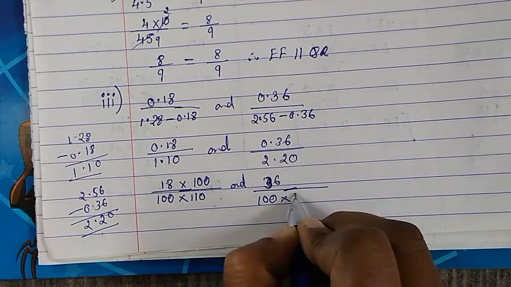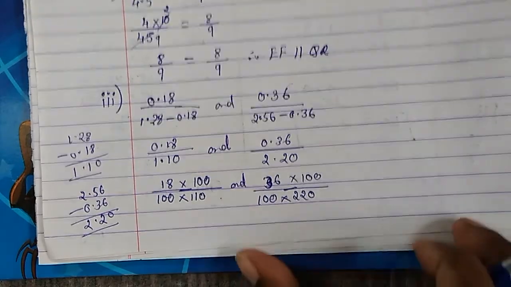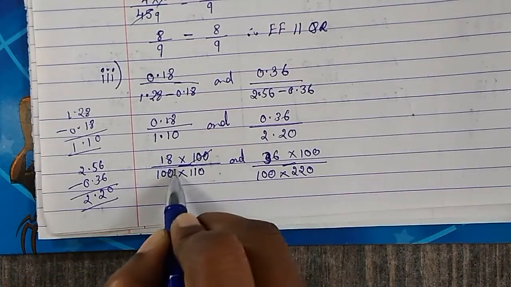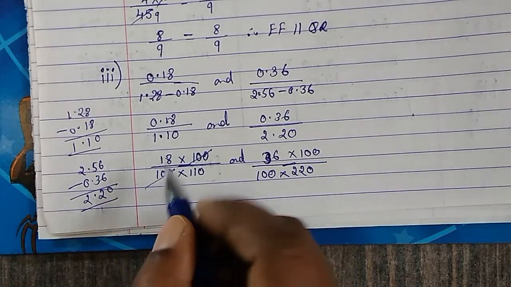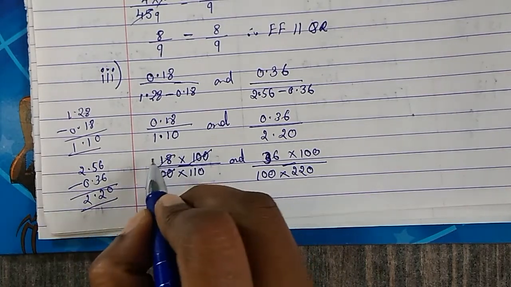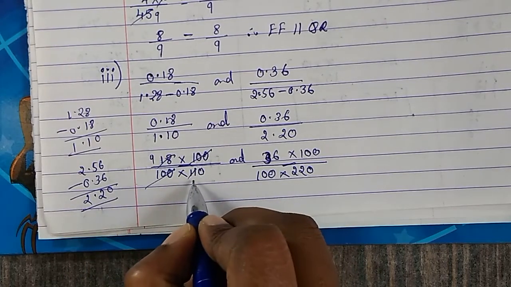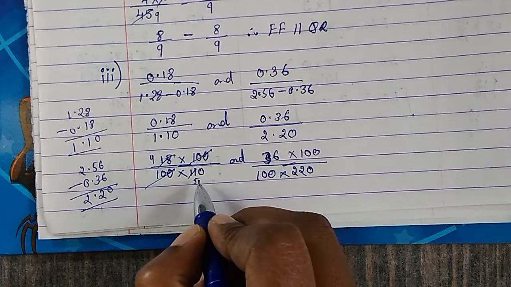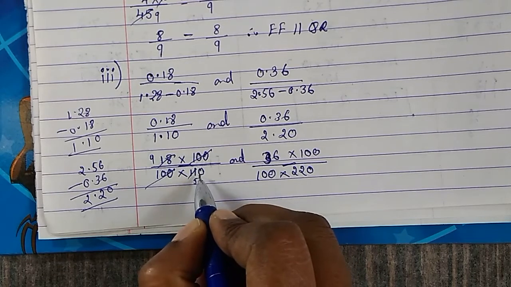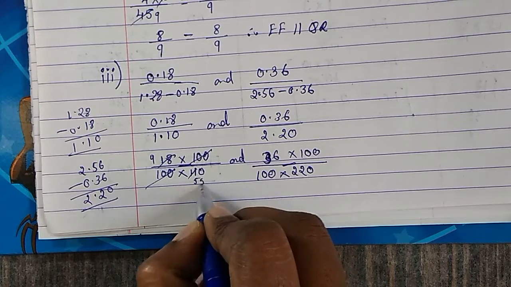Here decimal if we remove, 2 digits there, so 100. So now 100 get cancelled. Then with table 2 we can cancel. 9 times 18. Table 2, 5 times 11, carried forth 5.